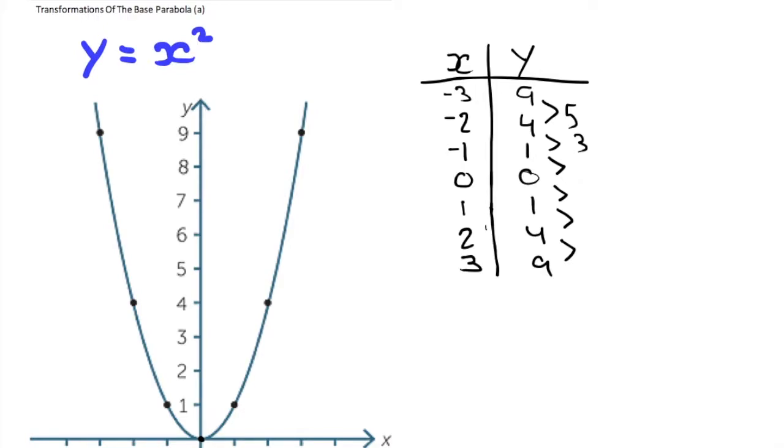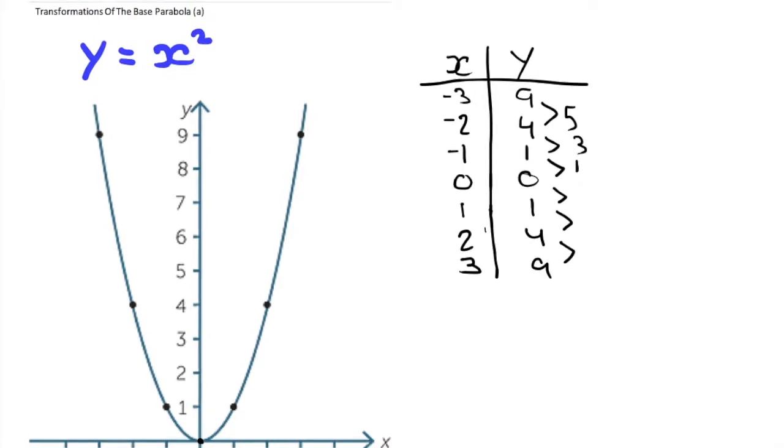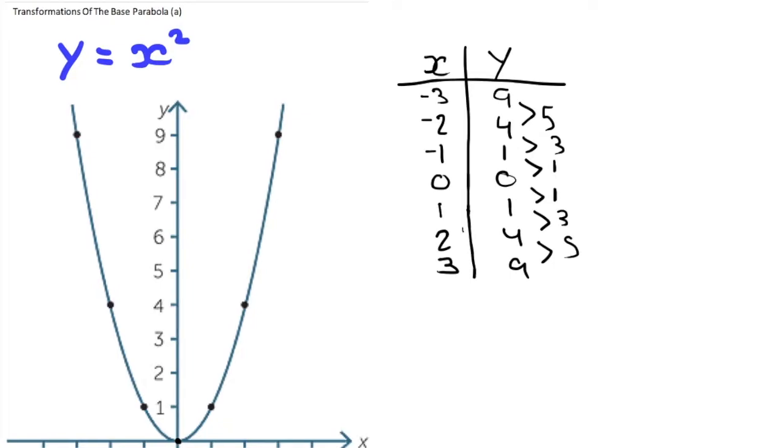The difference between 0 and 1 is 1, not 3 actually. It's 1 over here, and then 1 again, and then over here we have 3 and 5 again. So as you may already notice, the second differences of this are 2.